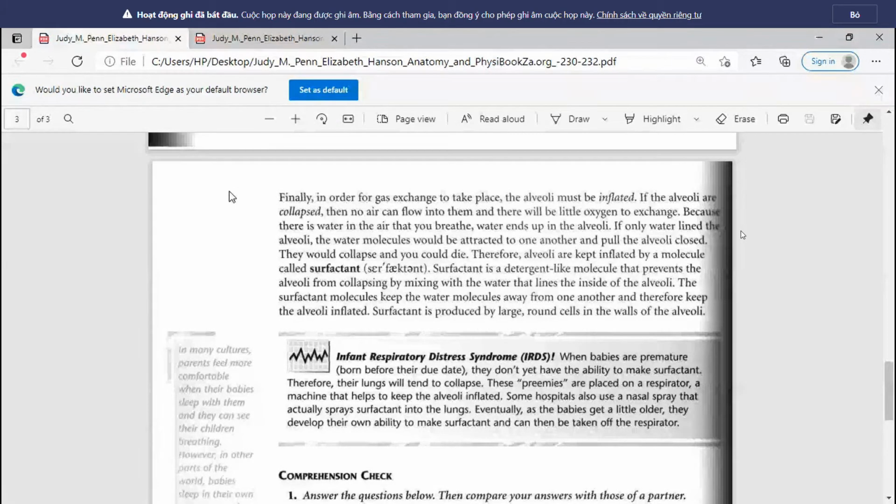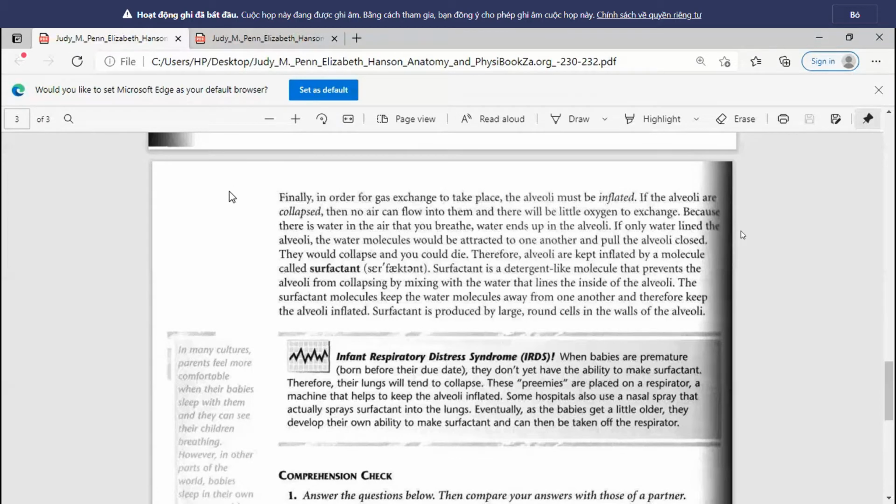Water ends up in the alveoli. If only water lined the alveoli, the water molecules would be attracted to one another and pull the alveoli closed. They would collapse and you could die.